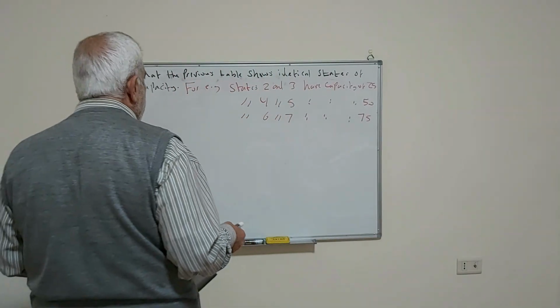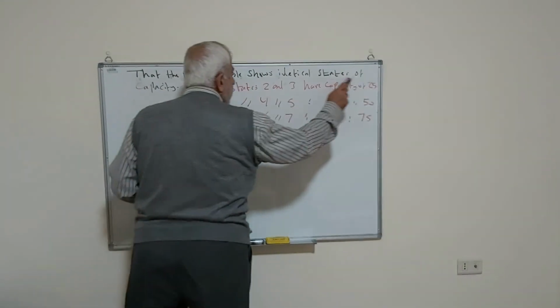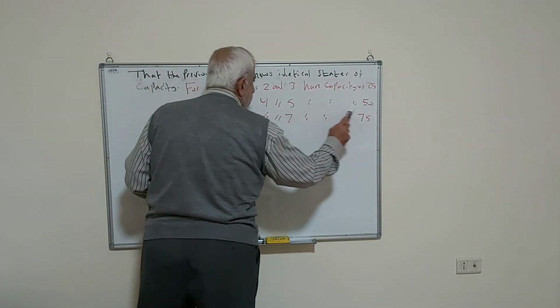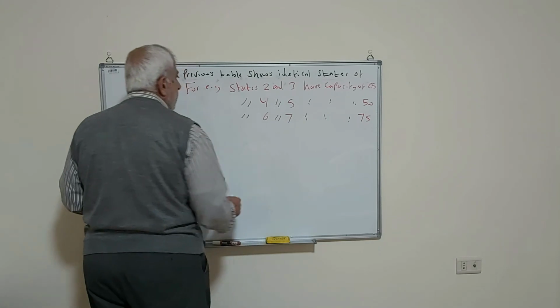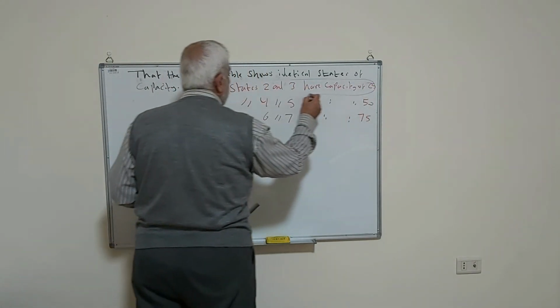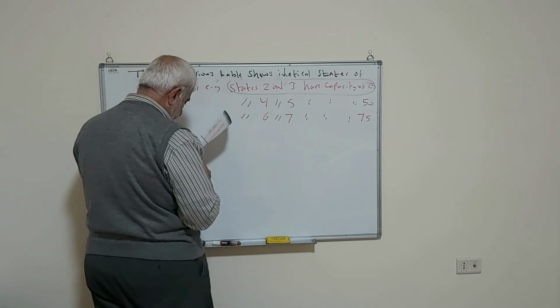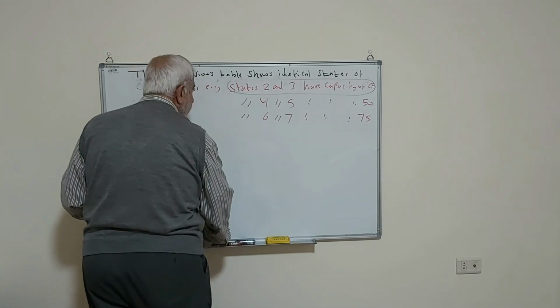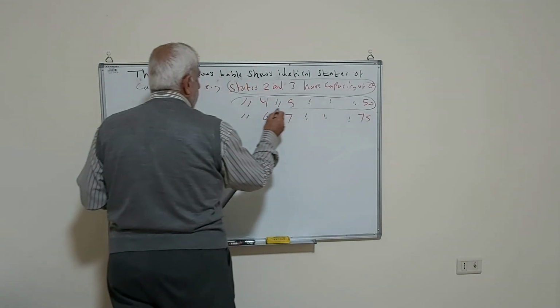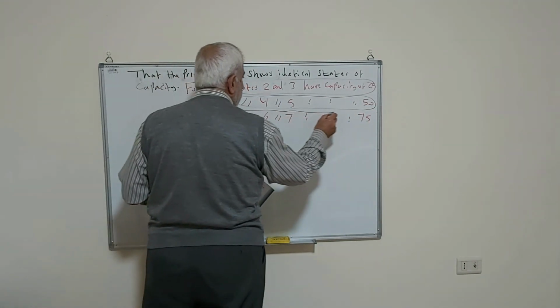So therefore, each two identical states have to combine into a single state, as we show now.